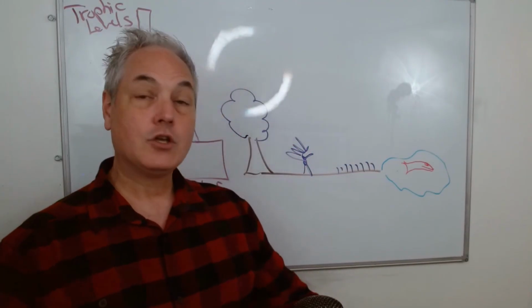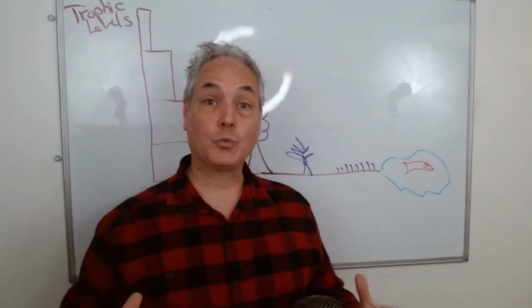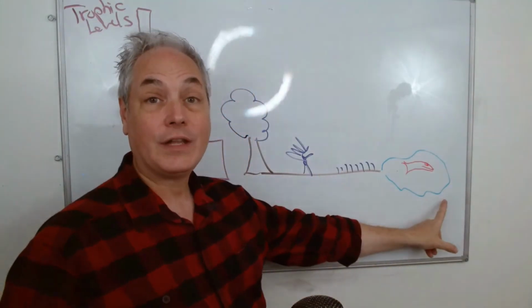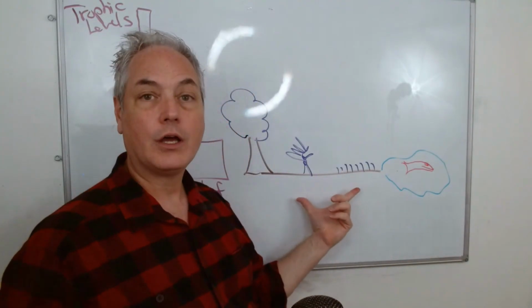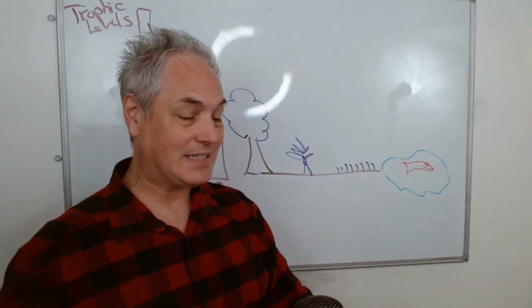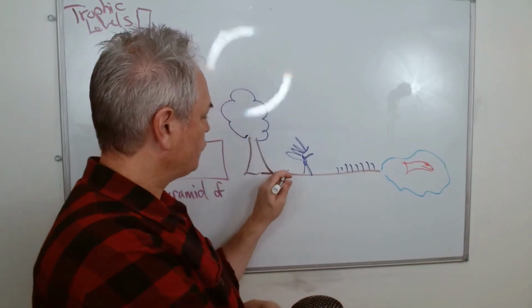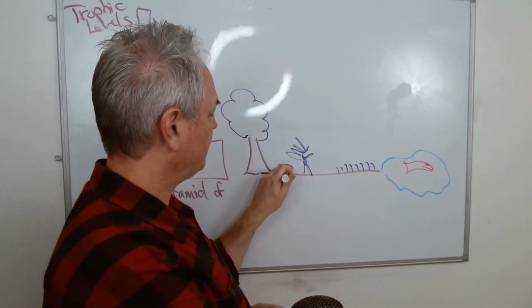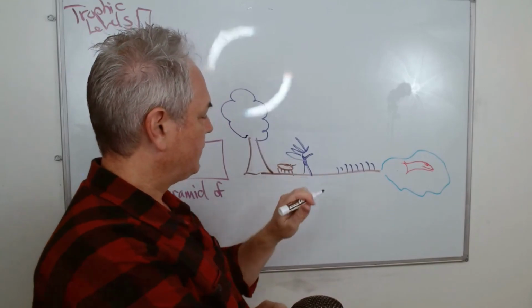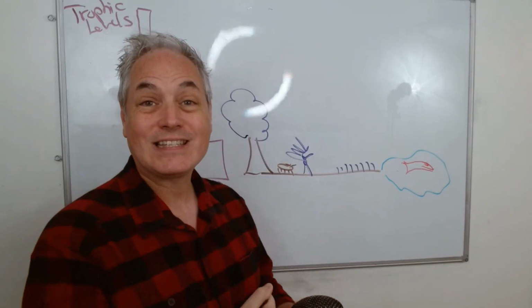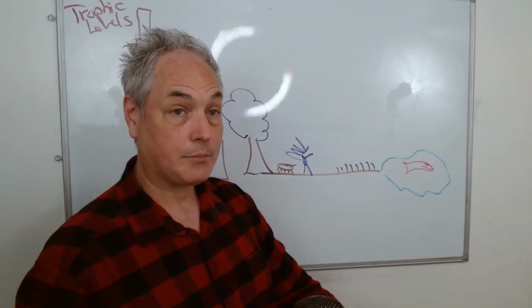Perfect. So the first thing we need to think about, when we have either an aquatic ecosystem or a terrestrial ecosystem, is that we have small organisms. So let's see where they are. Here at the bottom, I have, for example, little critters walking around. So they're insects, crawlies, it could be grasshoppers.